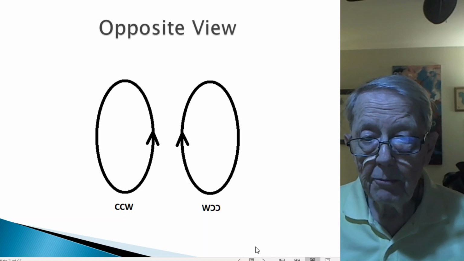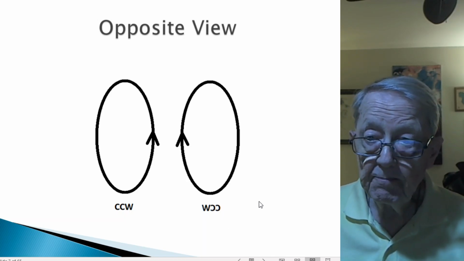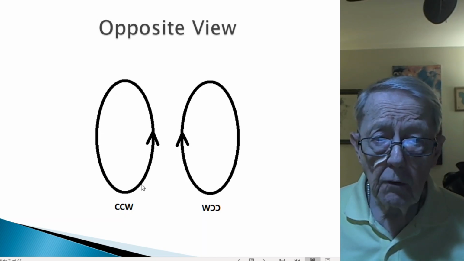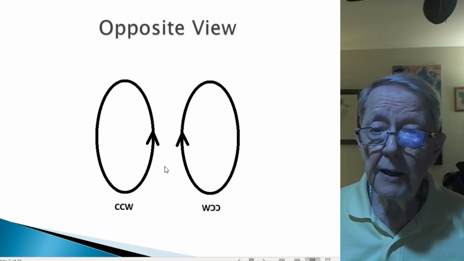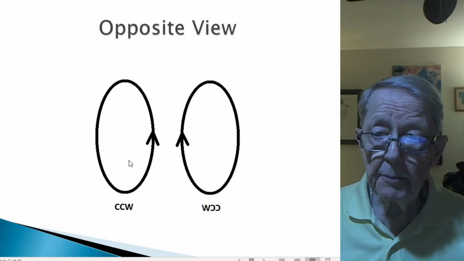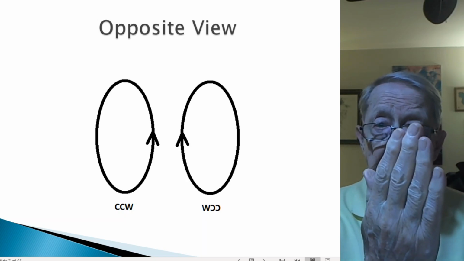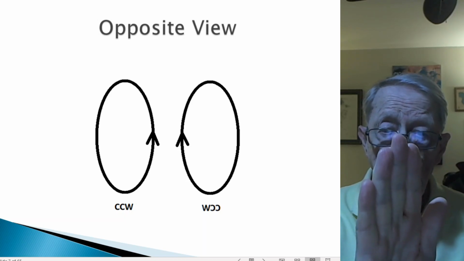So I drew one of my very simple drawings that David complains about. I drew this oval, which is theoretically a rotor. I put an arrow on it to show it's going counterclockwise. Then I flipped it 90 degrees, like you flip your hand. I'm looking at the palm of my hand, and I flip it 90 degrees. Now I'm looking at the back of my hand.